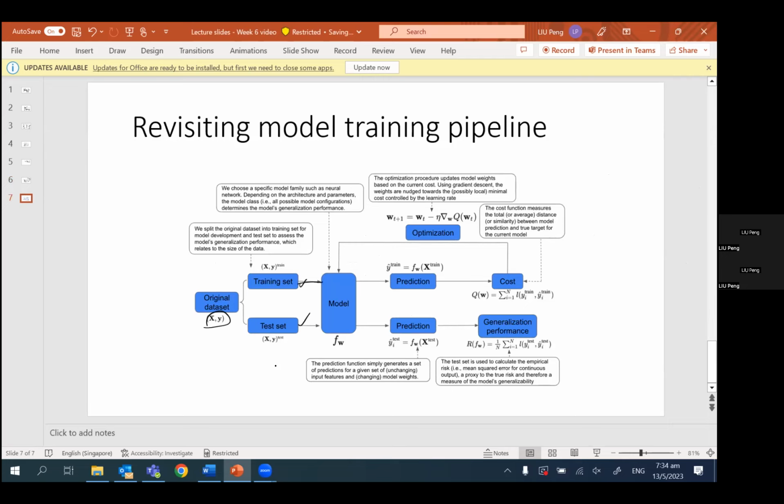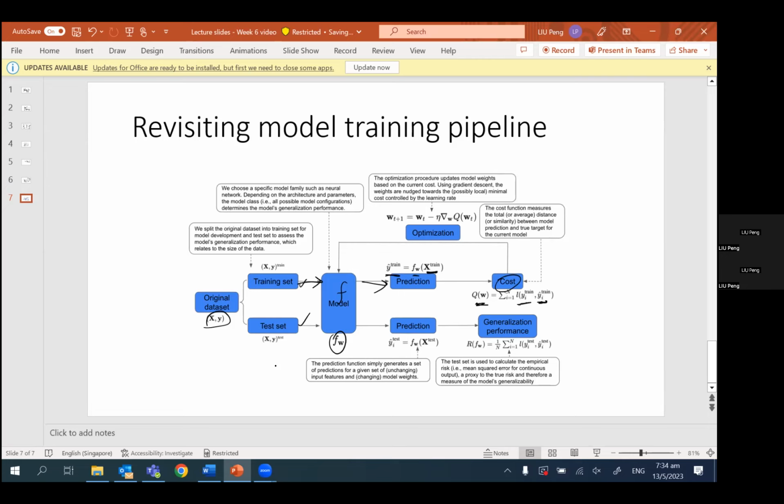We use the training set to train the model, and a model is essentially a function f parameterized by W. For training purposes, we first do prediction: we take the training data, apply the model, and get the prediction, the y-hat for the training sets, and then we calculate the cost. The cost is a function of the targets and the predictions.